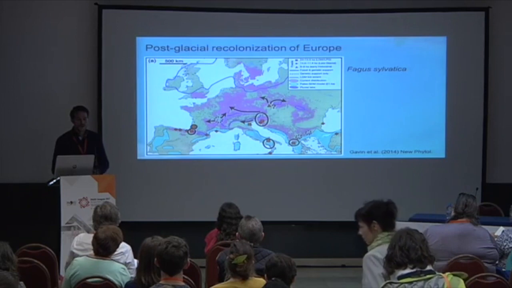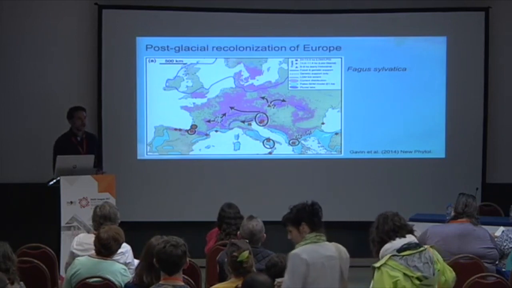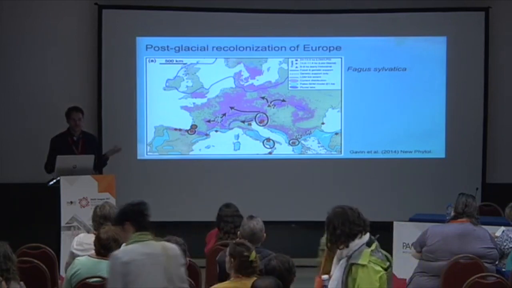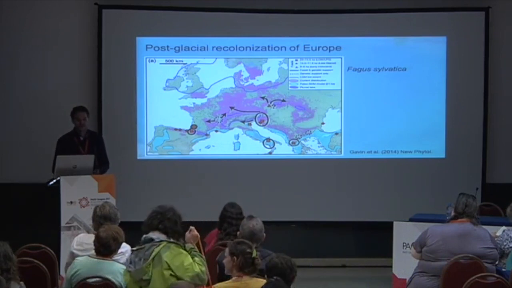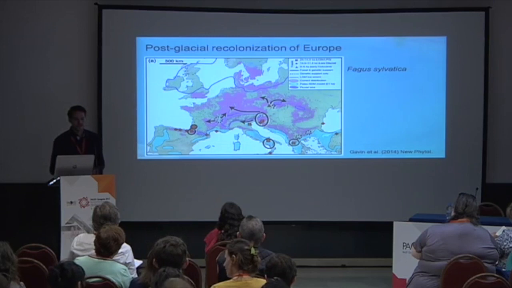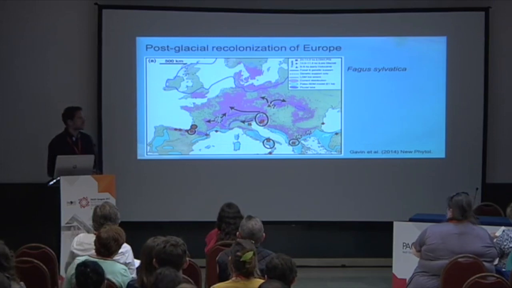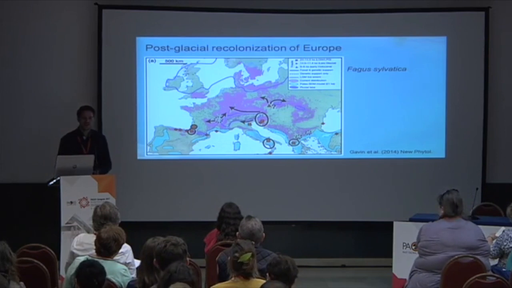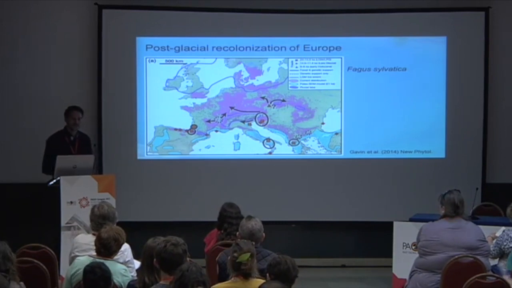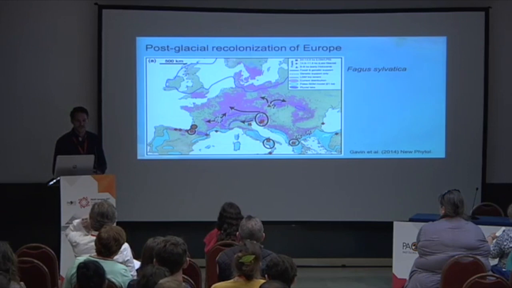And so you all know that if you want to know what the future brings, it might be worth having a look at the past. We all know that there have already been range shifts in response to past climatic changes, for example, glacial-interglacial cycles. Here you can see a schematic of a post-glacial recolonization of Europe of beech, Fagus sylvatica.